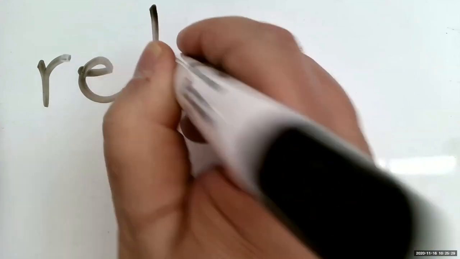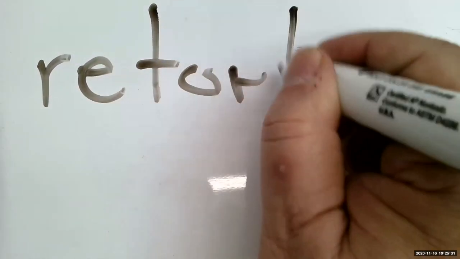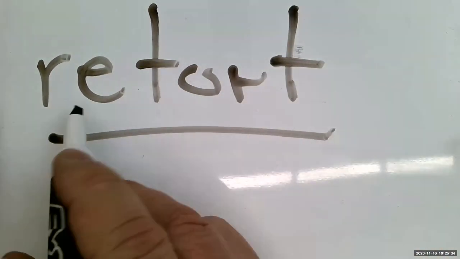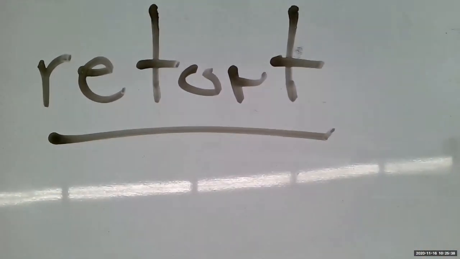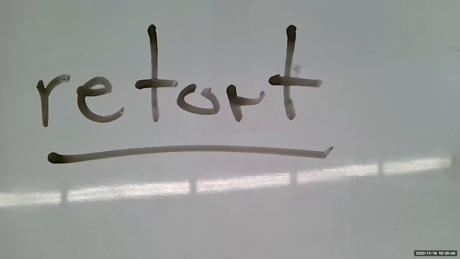The next word I want you to pay attention to as we read the story is retort. R-E-T-O-R-T. Retort. Again, we will figure out the meaning when it shows up in our story.